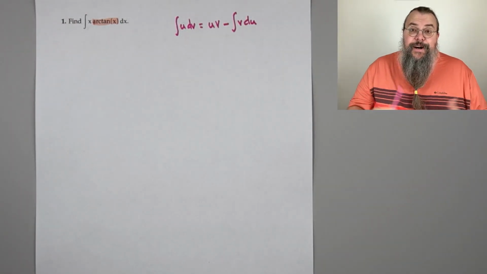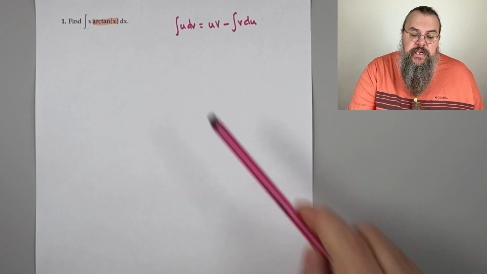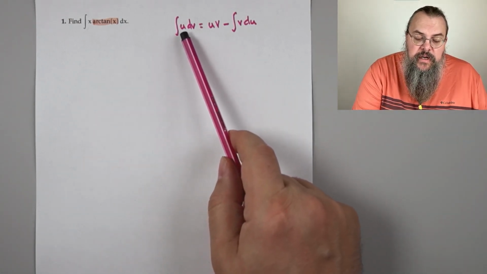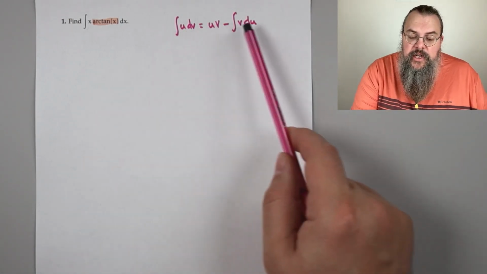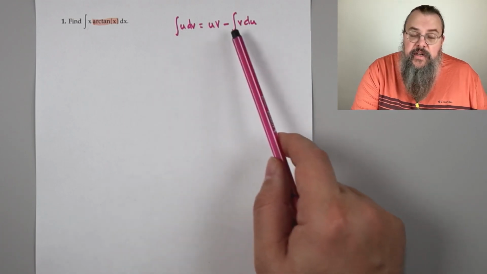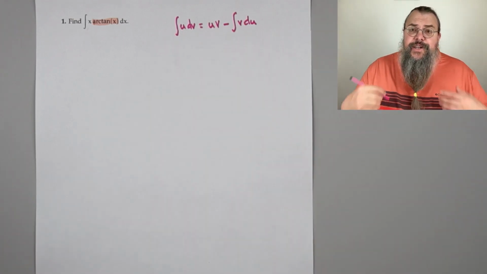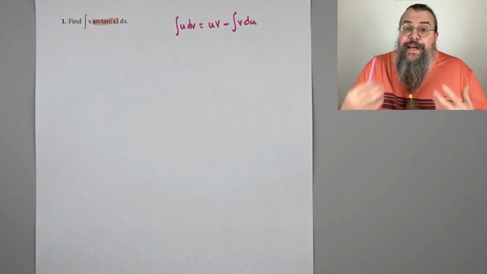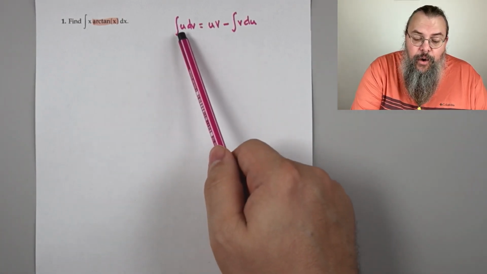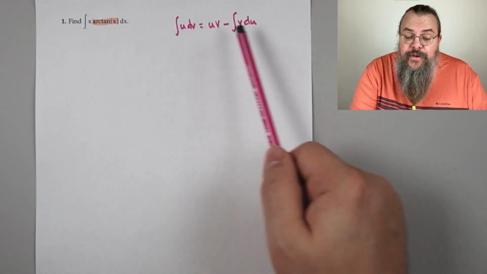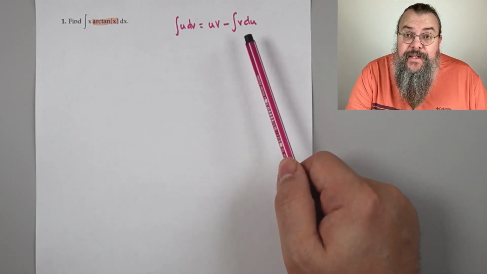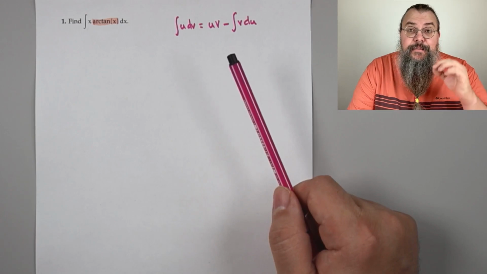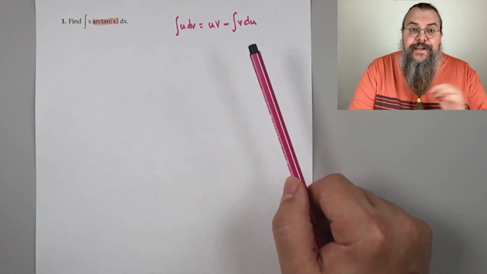So what's going on? Essentially, it's swapping: the u part, you take a derivative of, the v part, you take an integral of. And so if you say, oh, there's a piece of my integral that's really hard to work with, but has a nice derivative, you make that part your u, and then it will become nice, and maybe nice enough.